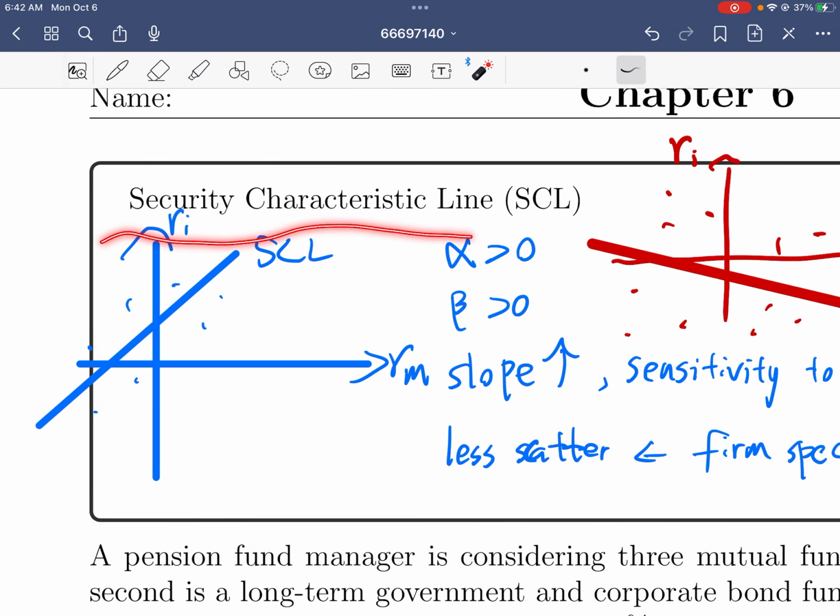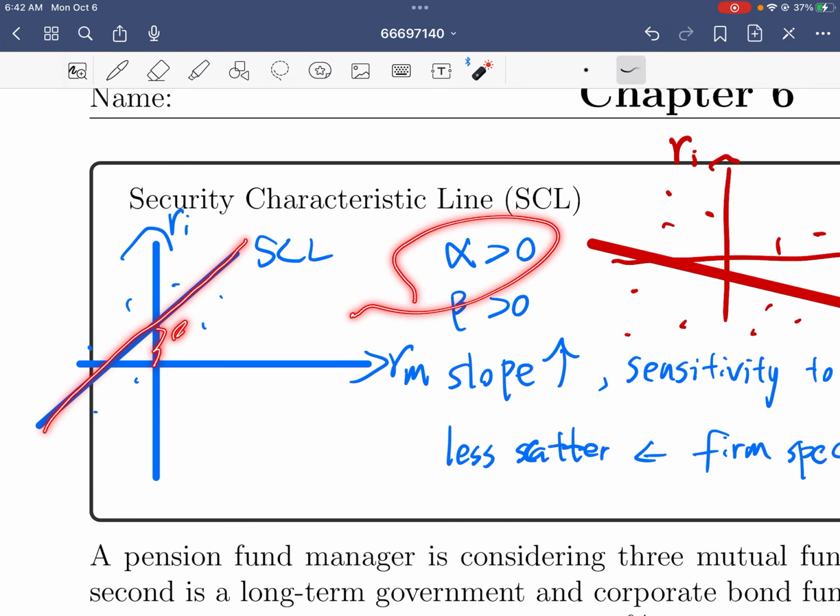Next, let's look at the security characteristic line. For the security characteristic line, you need to understand this plot. Here, if it is above the 0 point, it has an alpha larger than 0, meaning this individual stock has a positive alpha and outperforms the market.